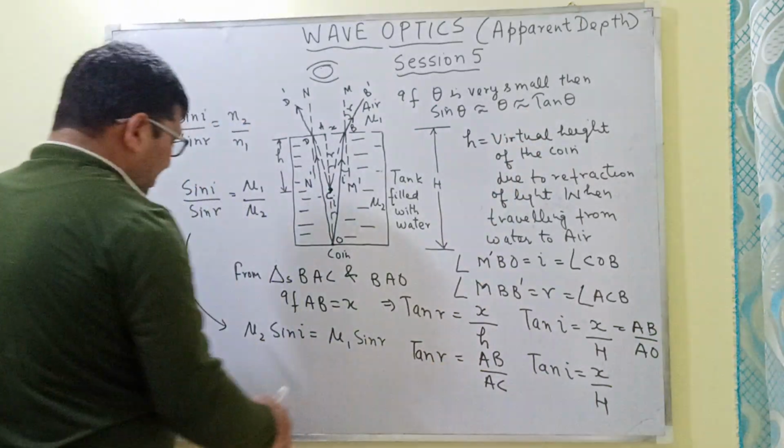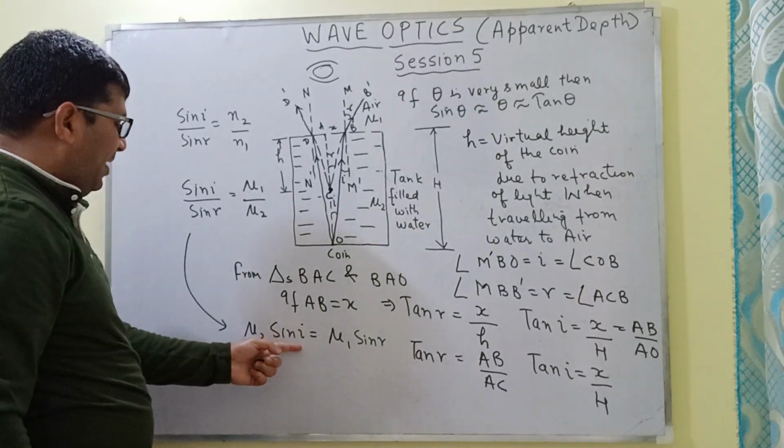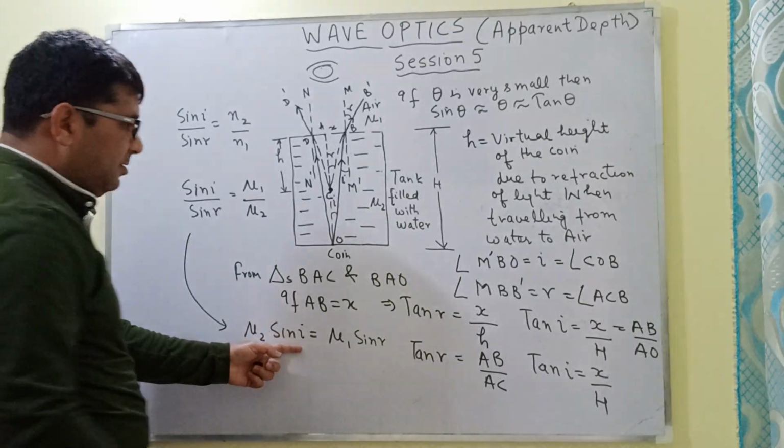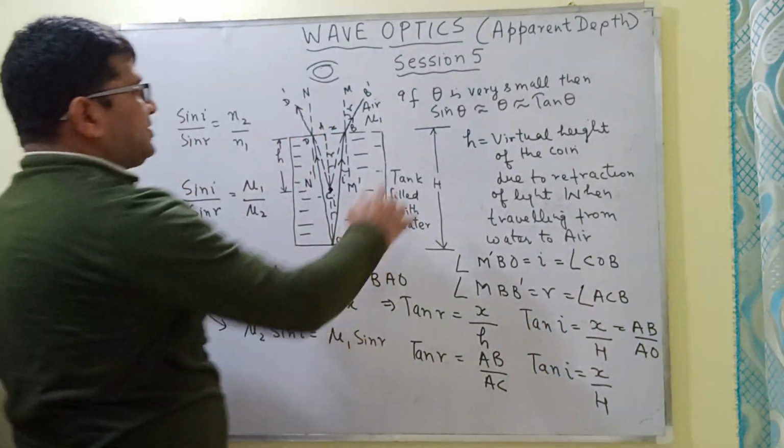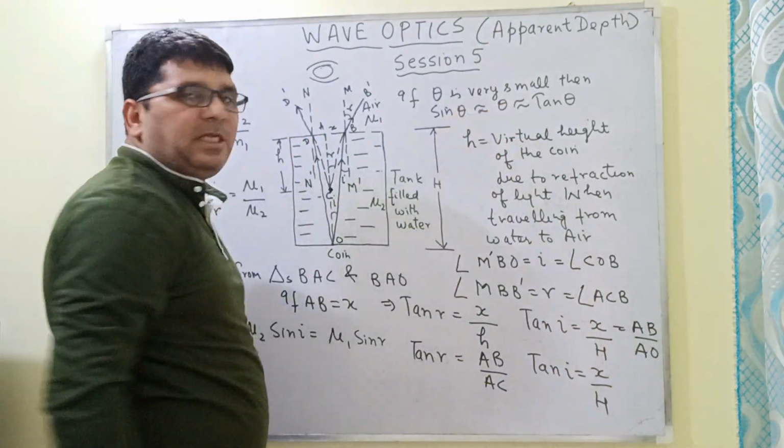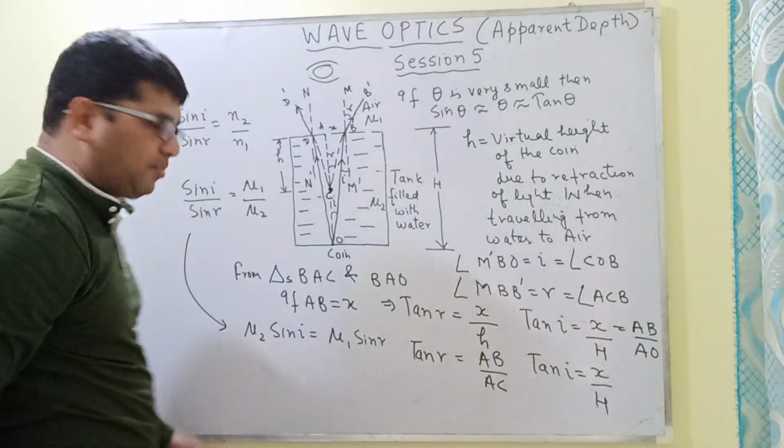So what I will be doing is putting the value of sin I equal to x upon h, because sin theta will be approximately equal to tan theta in case theta is very small.